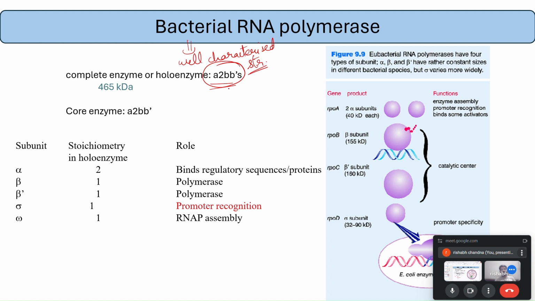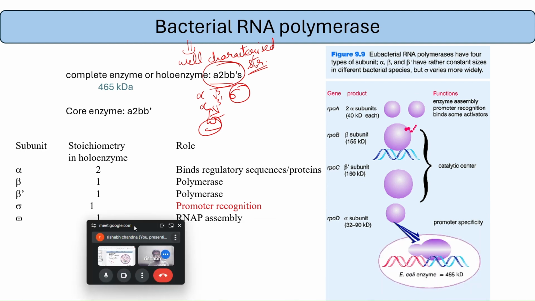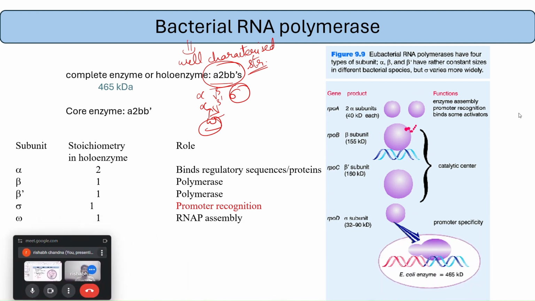It has two alpha subunits, one beta, one beta prime, and one sigma subunit, and there is one more subunit, omega, that helps in its assembly. So as we have talked about, there are two alpha subunits that have a mass of 40 kilodalton each. It is encoded by the rpoA gene.